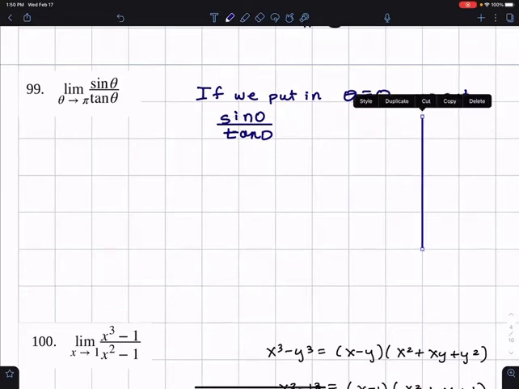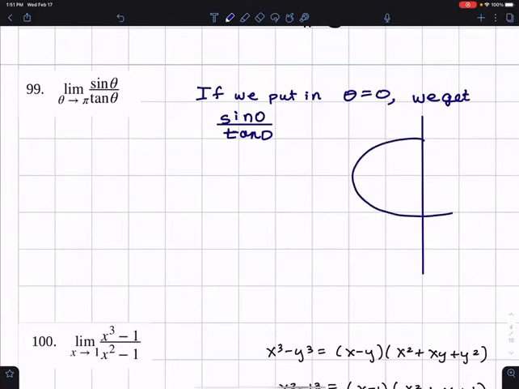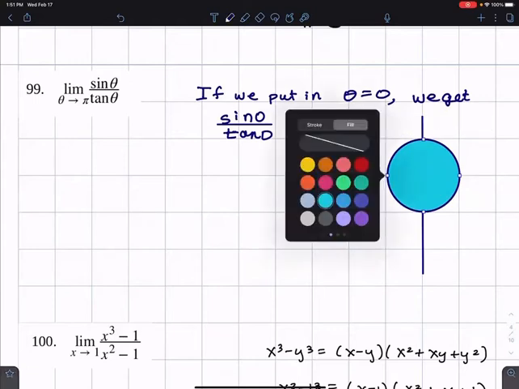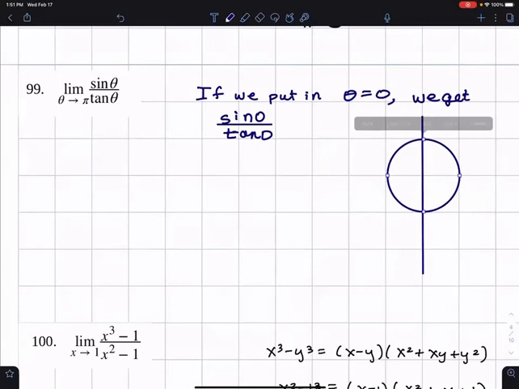So essentially, sine and tangent are functions such that you can find the limit by directly substituting. In other words, they're continuous. But in this section, we haven't talked about continuity yet. But we have looked at limit laws, and actually we proved that the limit of sine of theta is equal to 0.